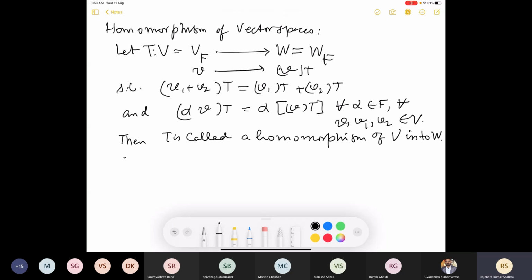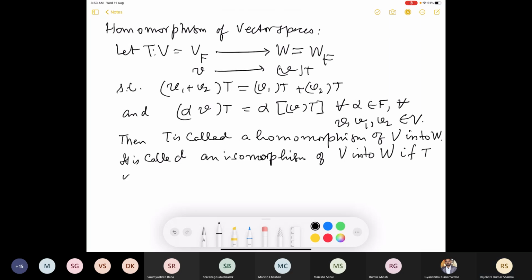Now, this homomorphism, if it is one-to-one, is called an isomorphism of V into W. So it is a homomorphism and is one-to-one.